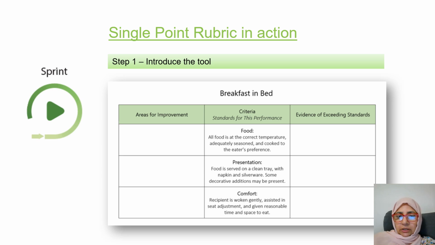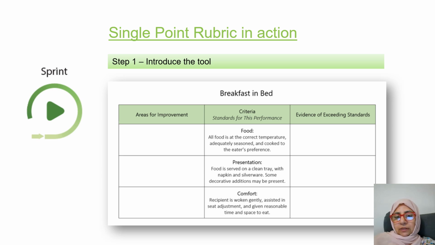I introduced this tool to my year 8 classroom. I introduced to them the fact that the headings of criteria like food, presentation, and comfort are given in the center and the standards for each criteria for this performance are given under it.